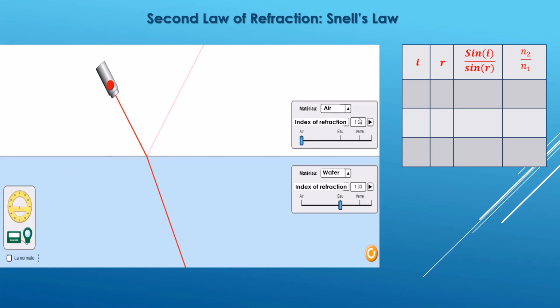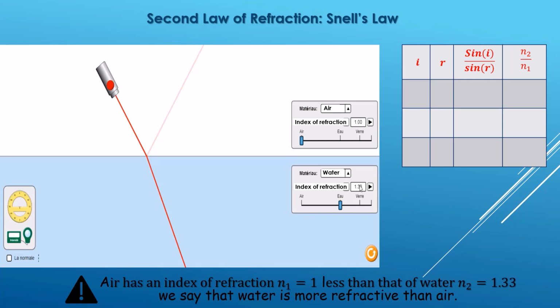That will send an incident ray and will show the refracted and the partially reflected ray. We will choose first our first medium, which is the air of index of refraction 1, as you all know. And then we'll choose the second medium, in this case water, of index of refraction 1.33. And obviously here, water is said to be more refractive than air.